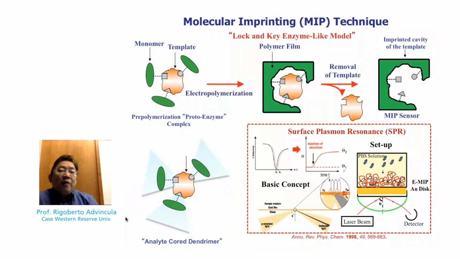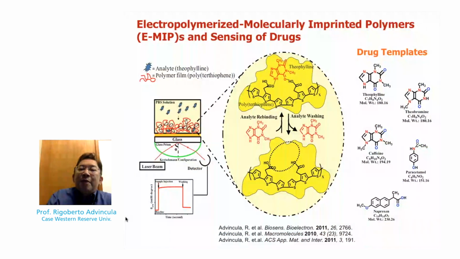So the monomers we've developed typically surround the molecule, electropolymerize them on a substrate, and do transduction studies. With the remaining time, I'm just going to show you an overview of how this works. Typically, the molecules of target are specific drugs that we've targeted, from caffeine to theophylline to naproxen.